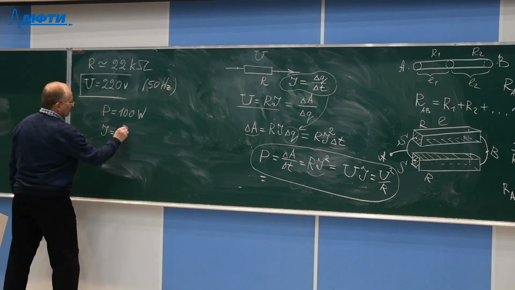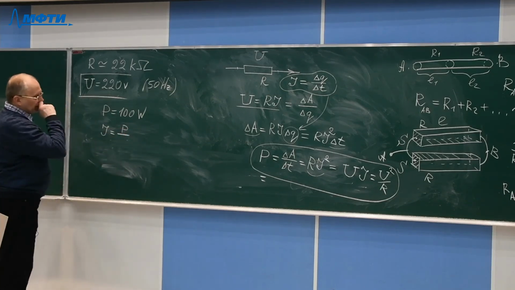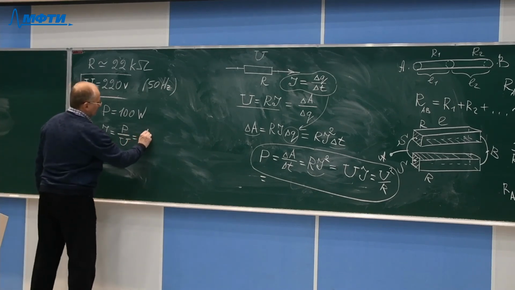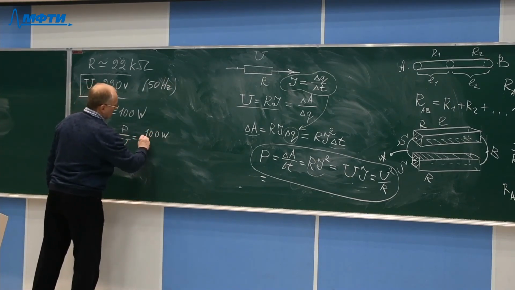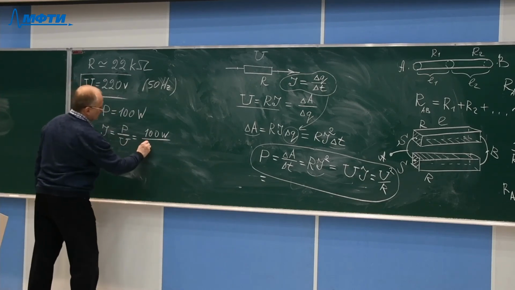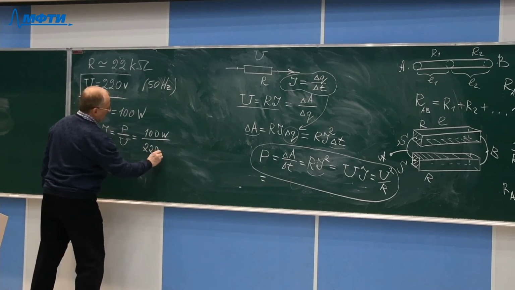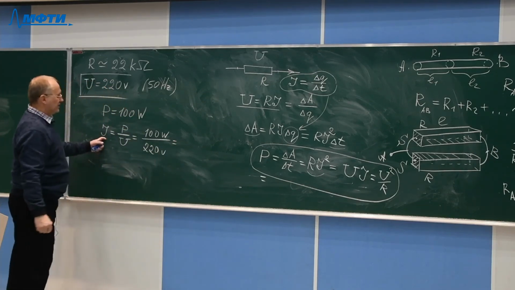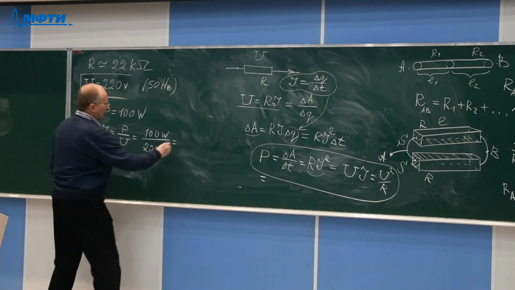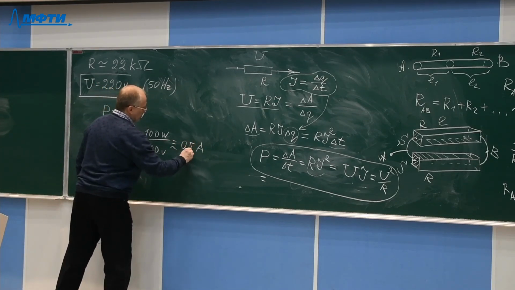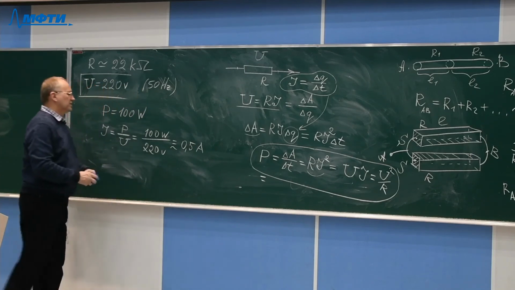That will be the power of the bulb divided by voltage, 100 watts in the SI system divided by 220 volts, and that will give you approximately 0.5 amperes.